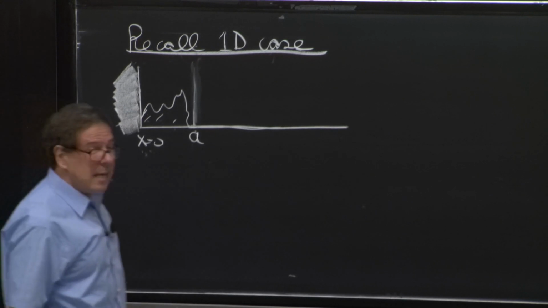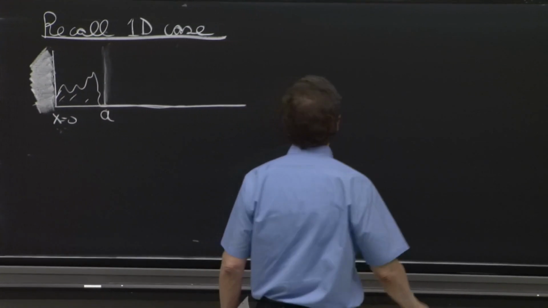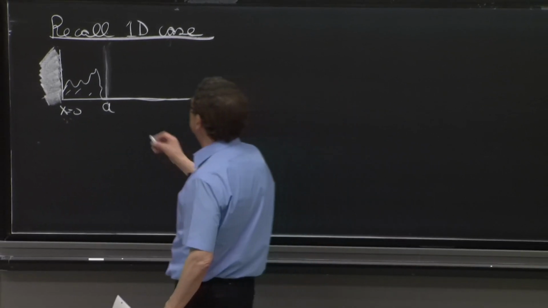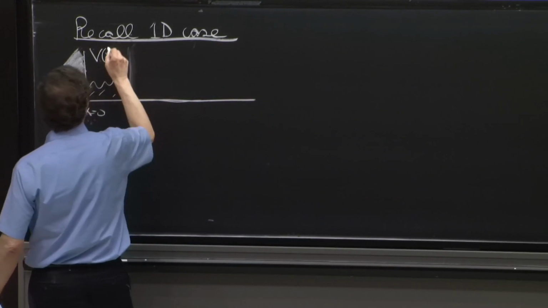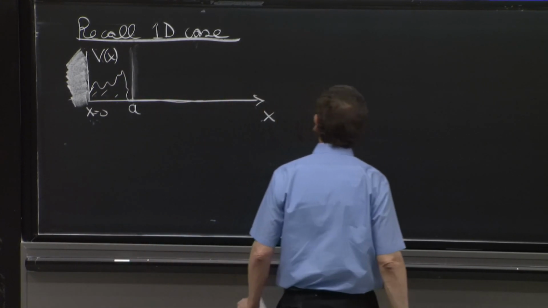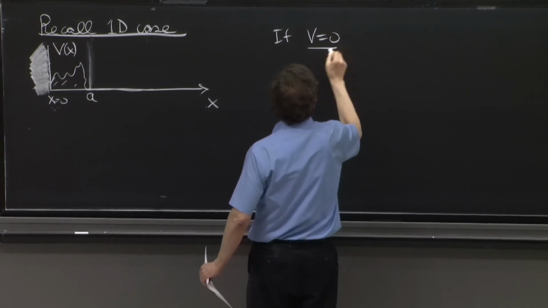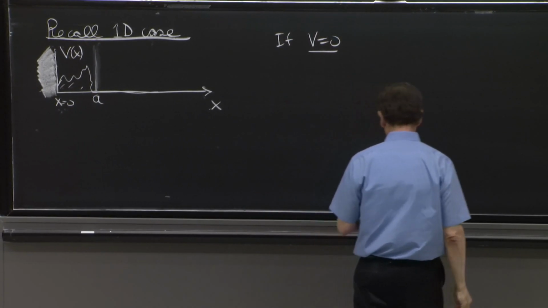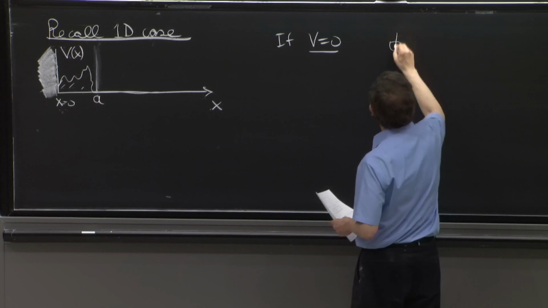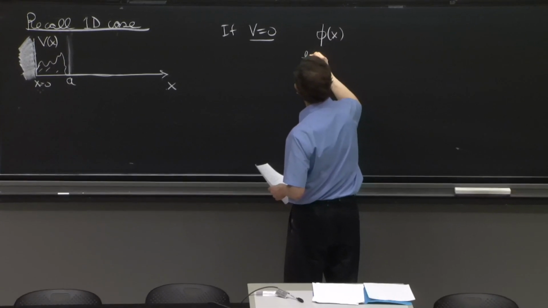So even in the case of d equal 1, you look for a solution when there's no potential. This is the V of x. This is the x-axis. If V is equal to 0, you would have a solution. Phi of x would be a solution, an energy eigenstate.